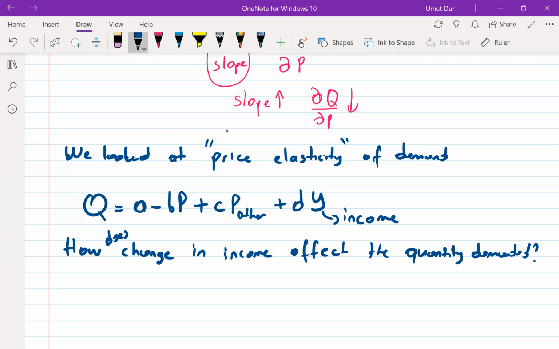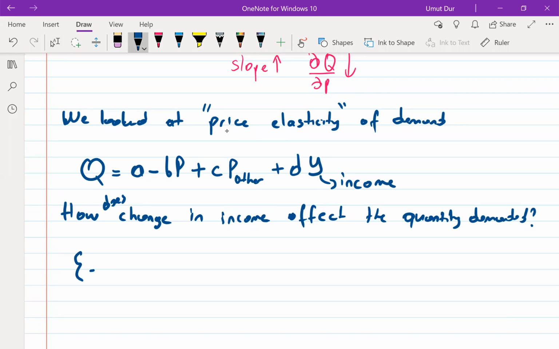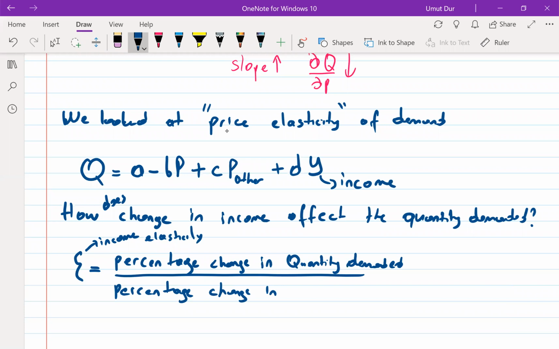The only difference is that we look at the effect of the change in income. We define the income elasticity as follows: percentage change in quantity demanded divided by percentage change in income.